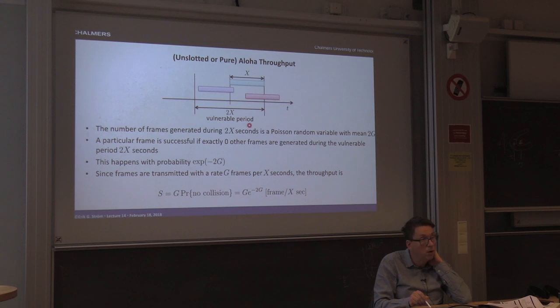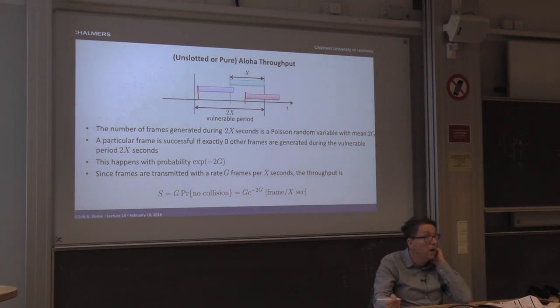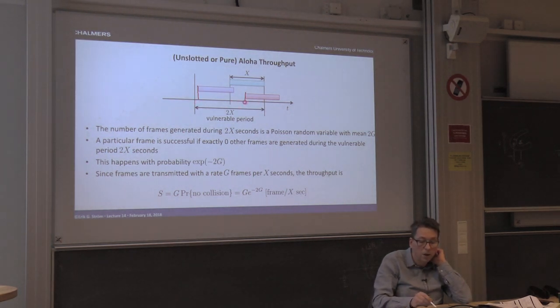This is known as the vulnerable period. Here one frame was generated, and here one frame was generated, and both of these collide with the blue frame. So if another frame is generated over 2x seconds, the blue frame will collide with it, and the blue frame will not go through. Right?